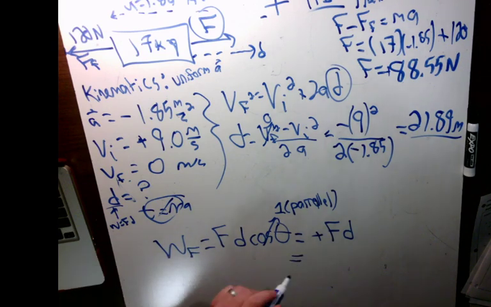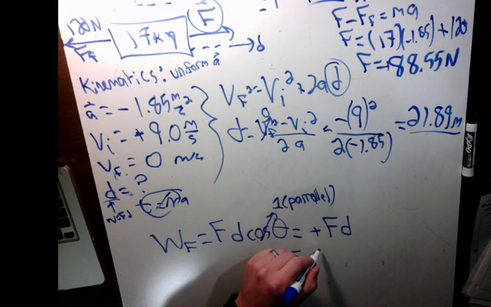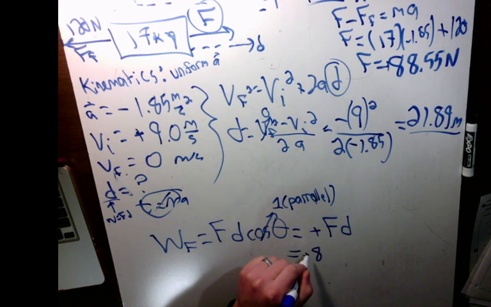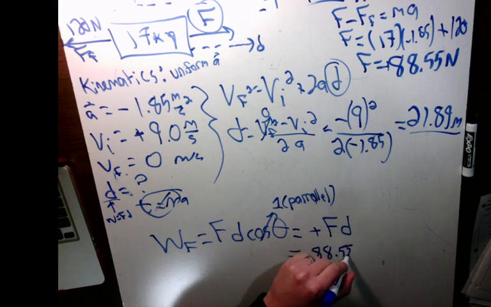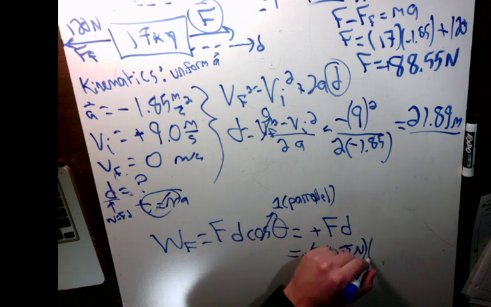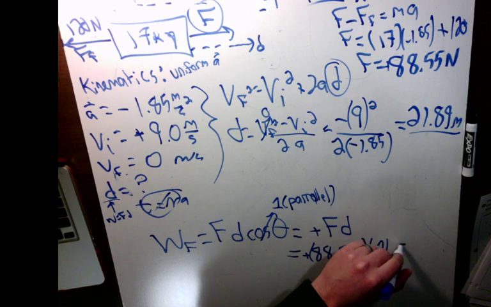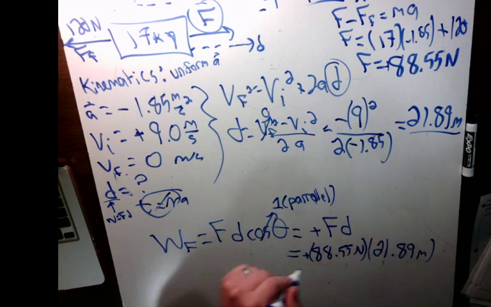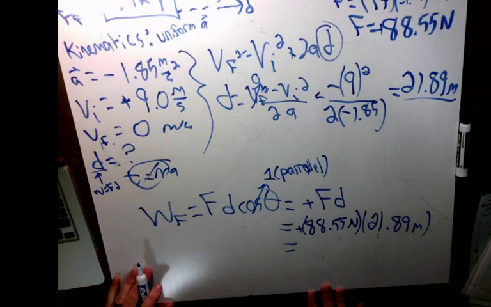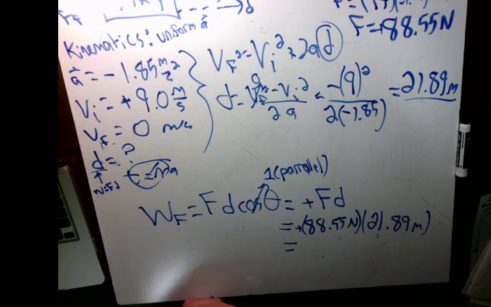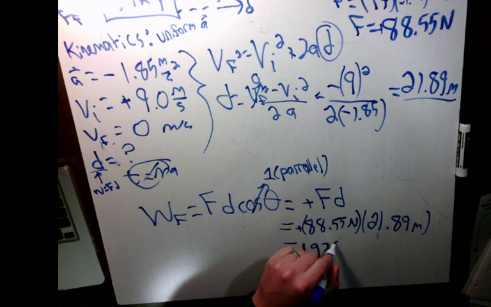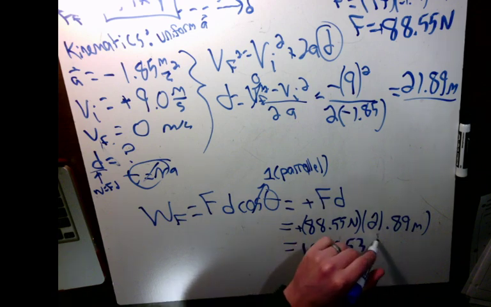So this will be equal to positive 88.55 newtons times our 21.89 meters, and we get the work done by this force is equal to 1938.53 joules.